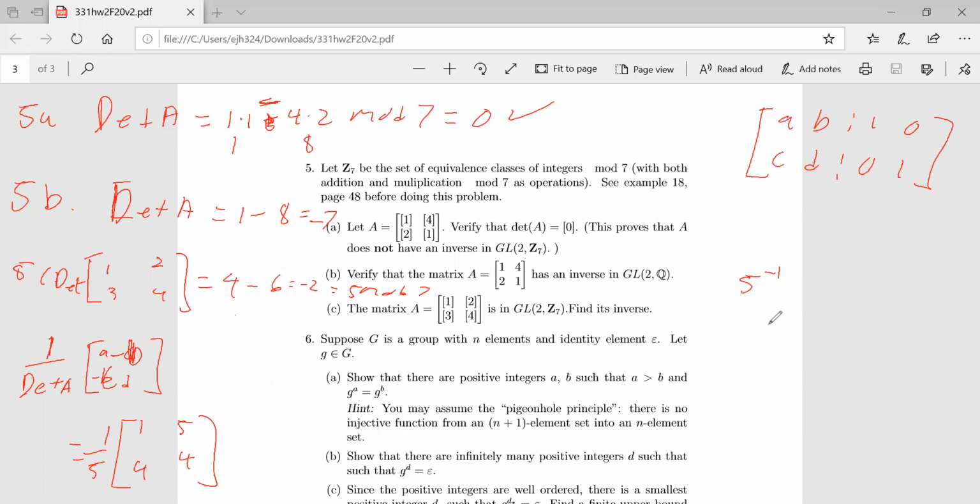In other words, what do I multiply by 5? So 5 inverse is equal to A, where A times 5 is equal to 1 mod 7. 3. Exactly. 3 times 5 is 15, which is equal to 1 mod 7. So this is equivalent to multiplying by 3. So I get 1, 5, 4, 4 times 3, which gives 3, 1, 5, 5.